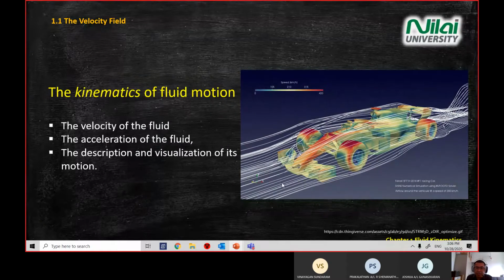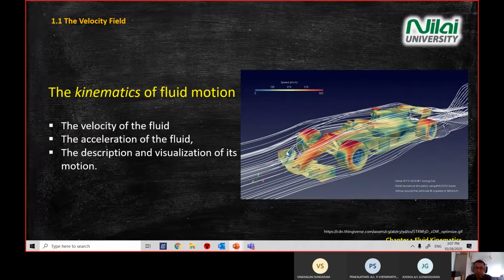All these white lines are called streamlines. If you do a simulation in your final year project, or later have a module that uses simulation, you need to understand how all these lines come into place and how the software develops them. This fluid mechanics module will teach you all these things.